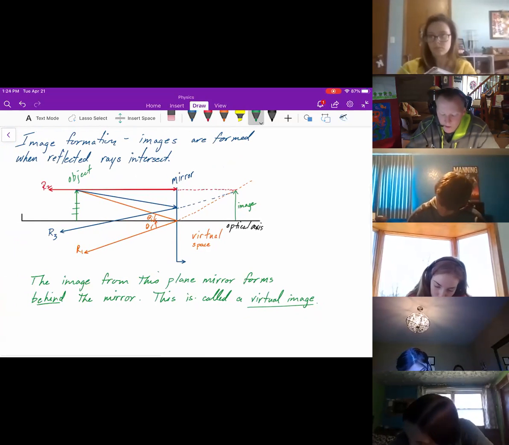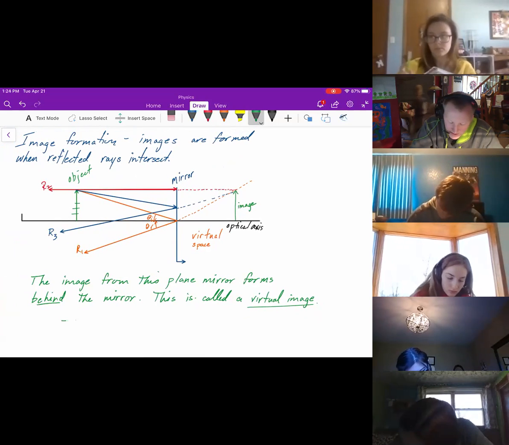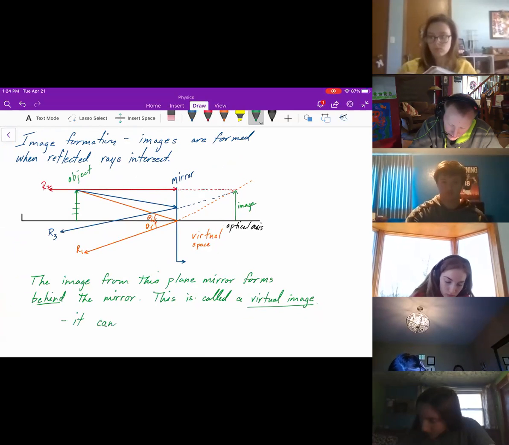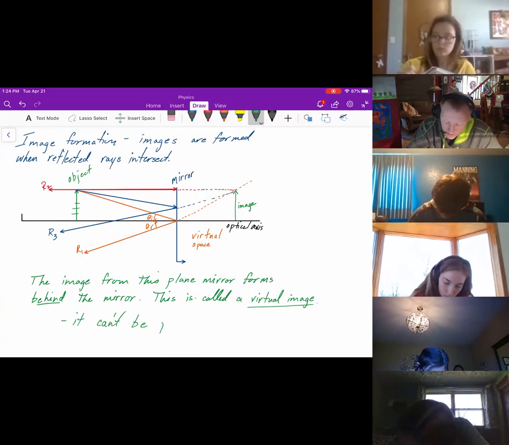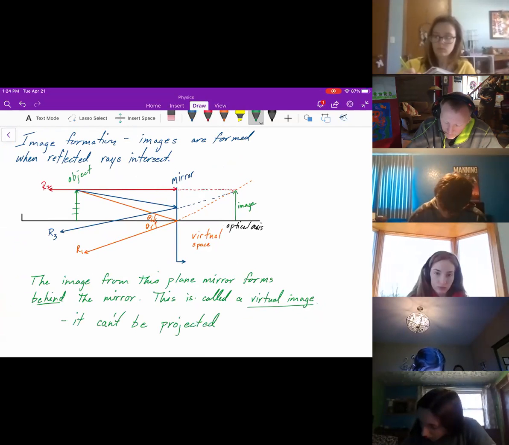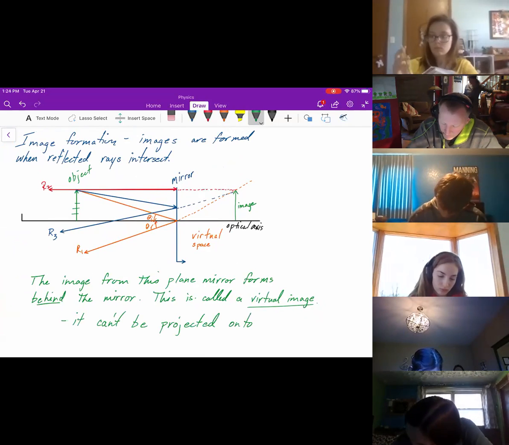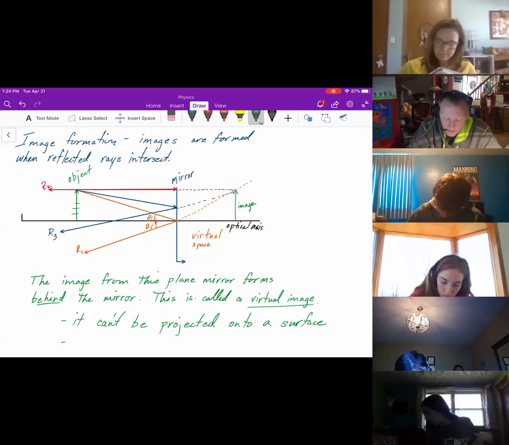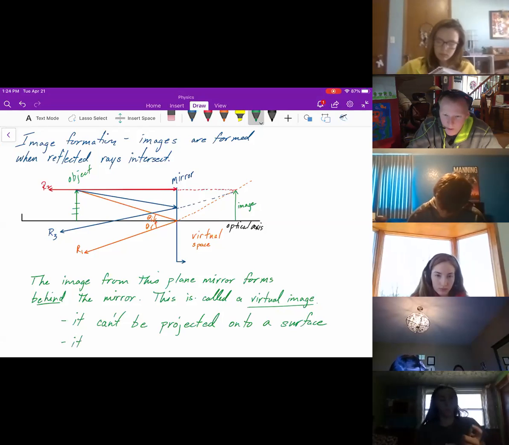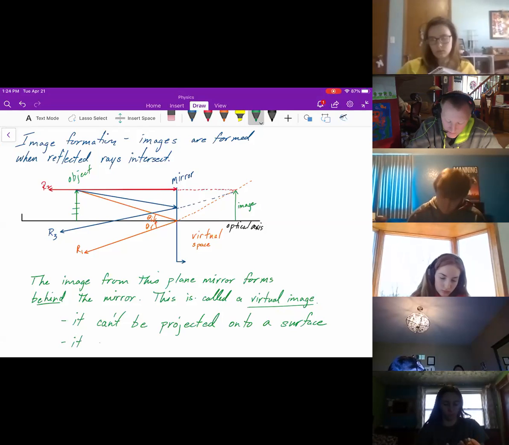So what a virtual image means is it can't be projected onto something. But it can be formed when a lens is used.